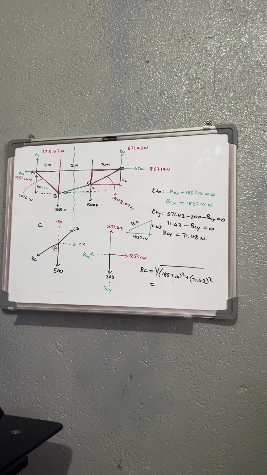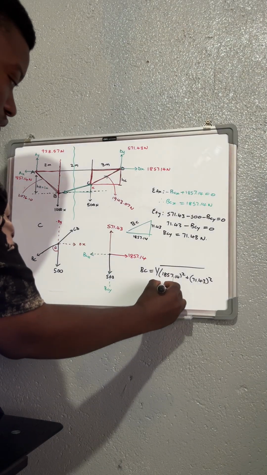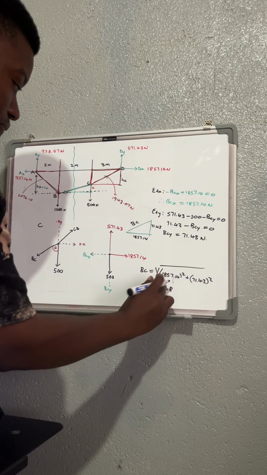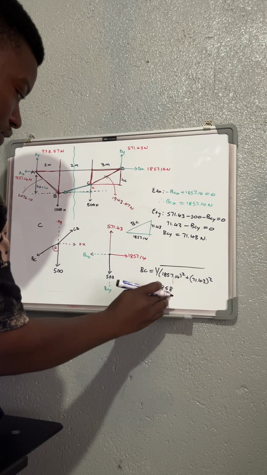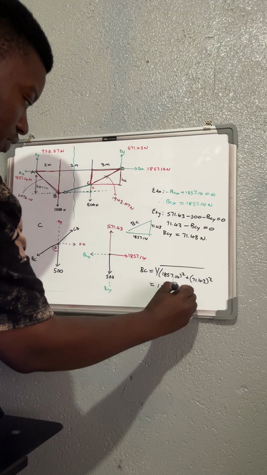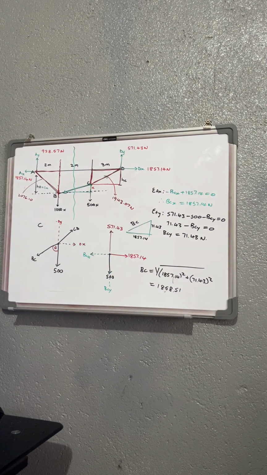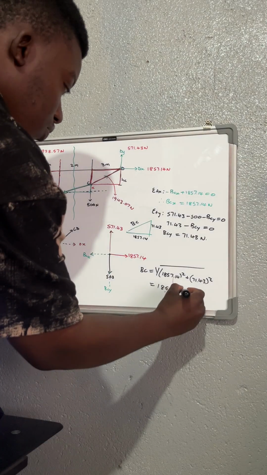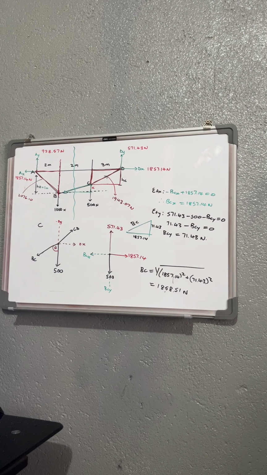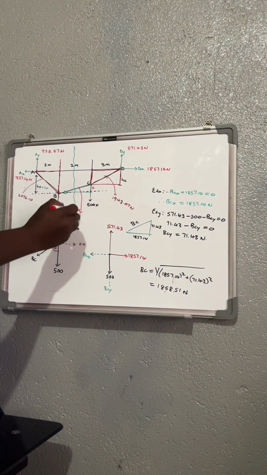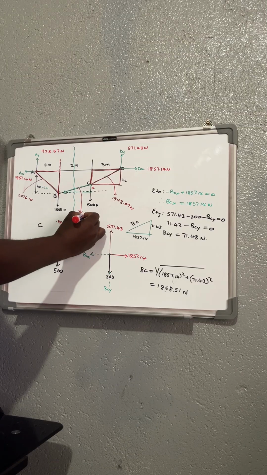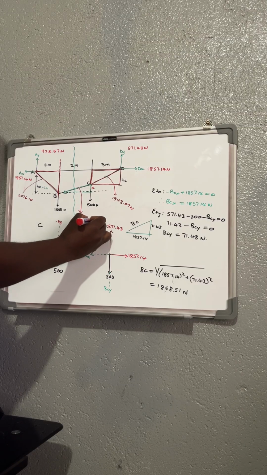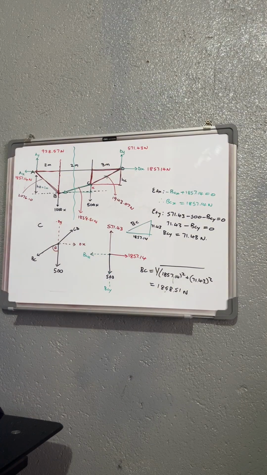We get 1858.51. For you, when you're rounding off, it might be a bit different as I've explained. Then this is in Newton. So now we have to indicate here that for BC we got 1858.51 Newton.